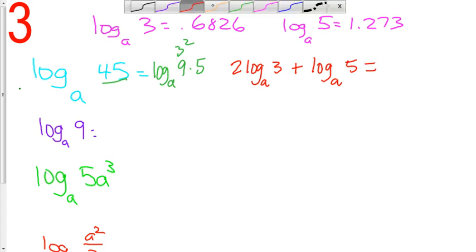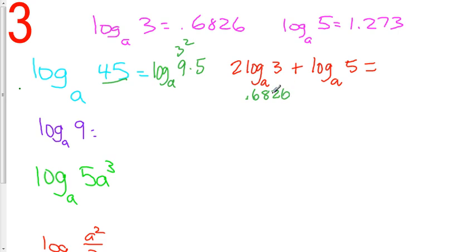And since we know that log base A of 3 is 0.6826, and we know that log A of 5 is 1.273, now you have to use your multiplication skills. Multiply this by 2, and then add 1.273.